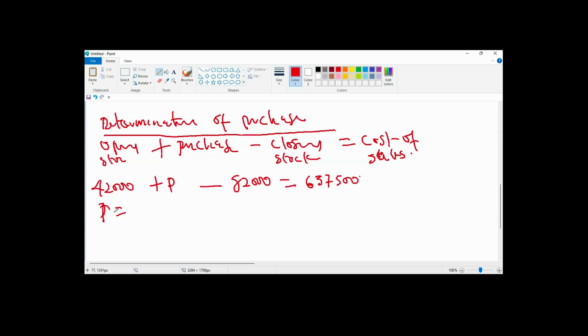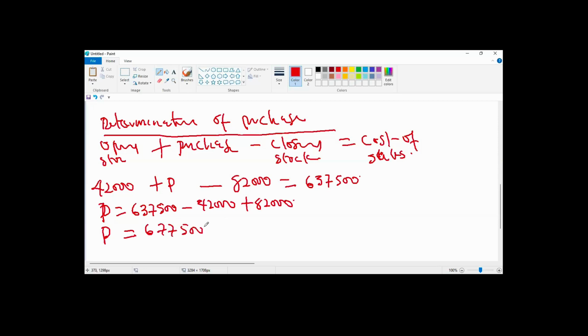Purchases now equals 637,500 minus 42,000 plus 82,000. What is it? 677,500.